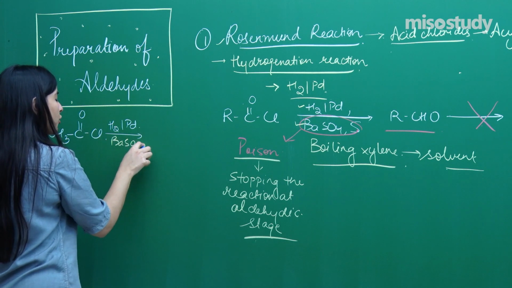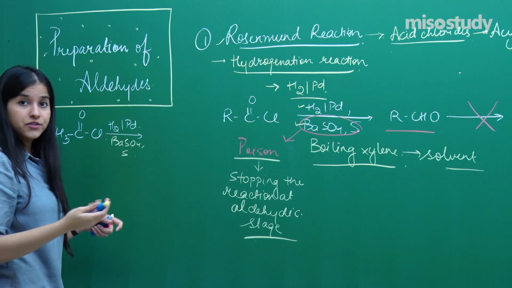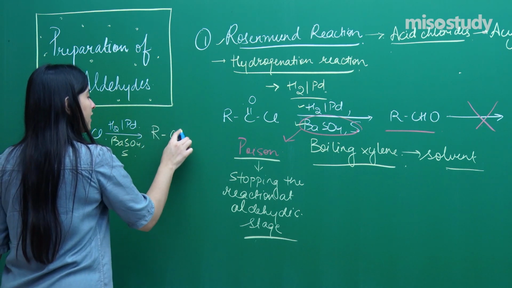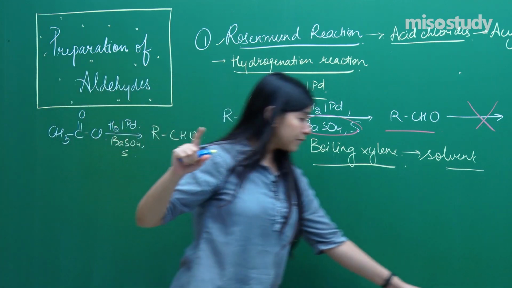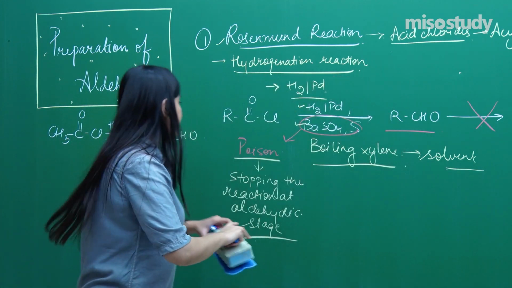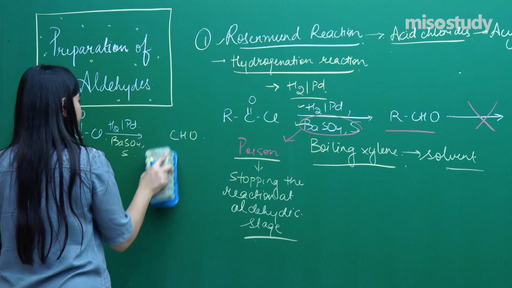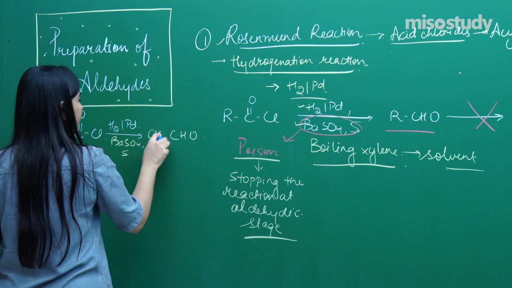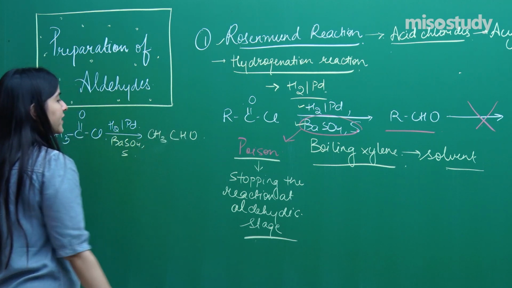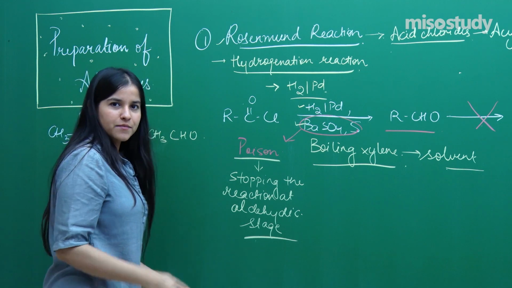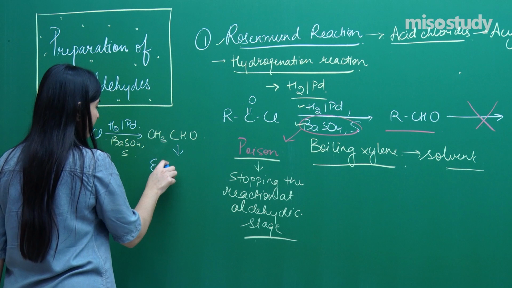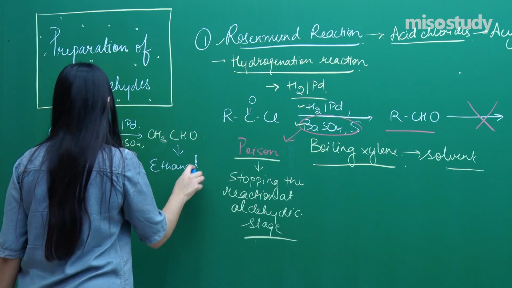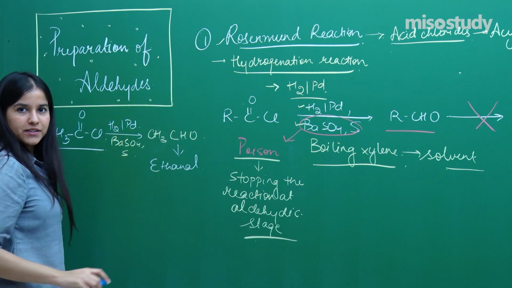Fair? Very fair? So now what will be the answer? I must add the poison here because I need to stop the reaction. RCHO, that is what I desire. Instead of this R, I will be replacing this R with methyl, CH3CHO. What is the name of this particular compound which is formed? It's ethanal, right? And what is the name of this compound which has been taken?